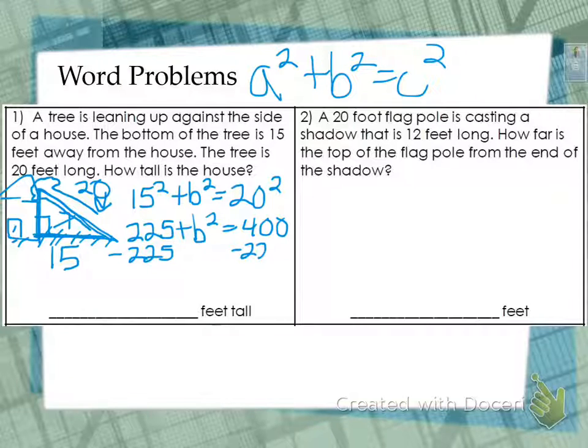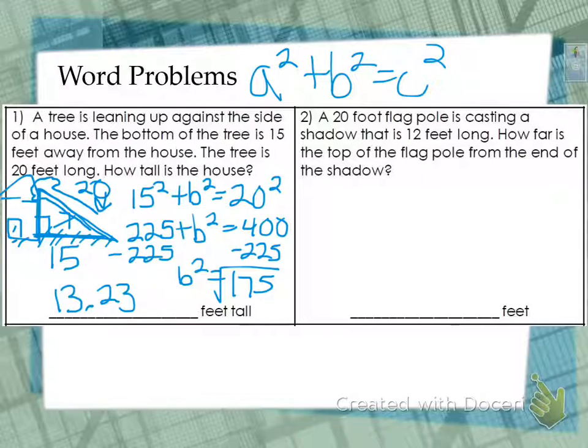Subtracting 225 from both sides, and I have b squared equals 175. Finding the square root of that to find the height of the house is 13.23 feet.